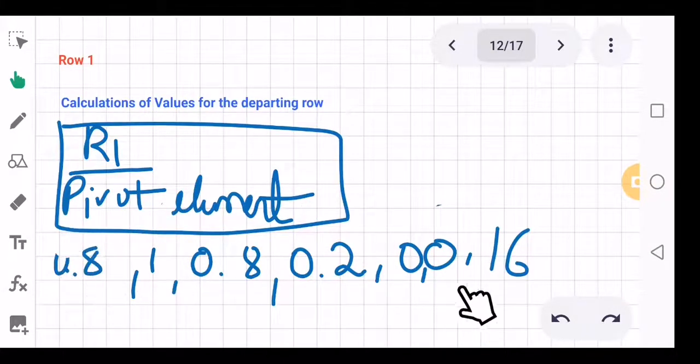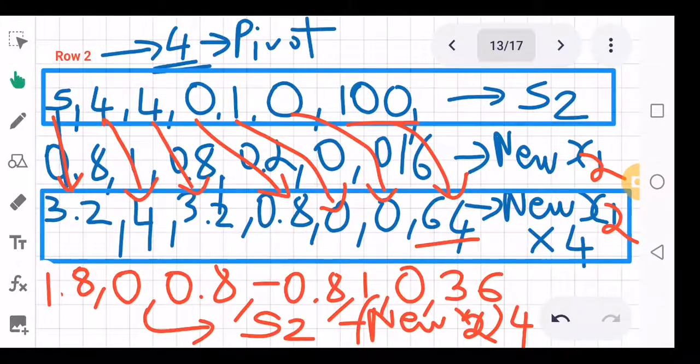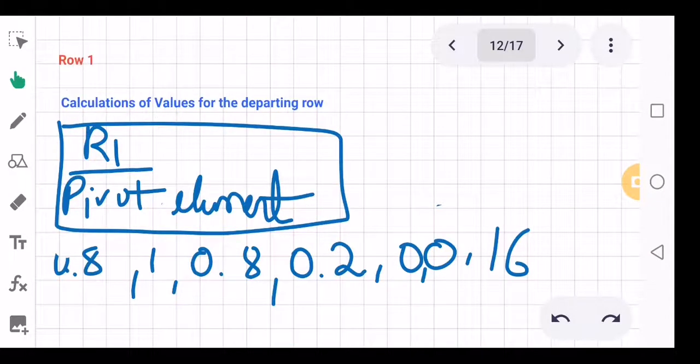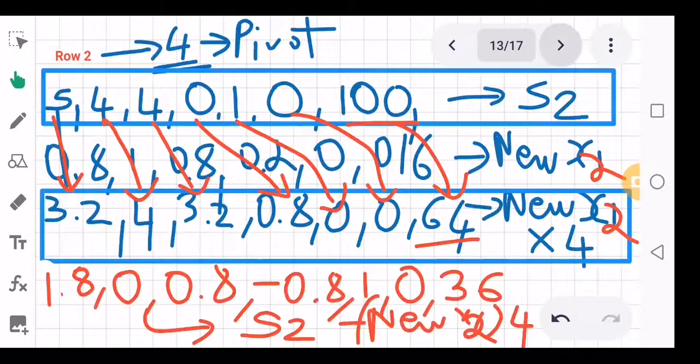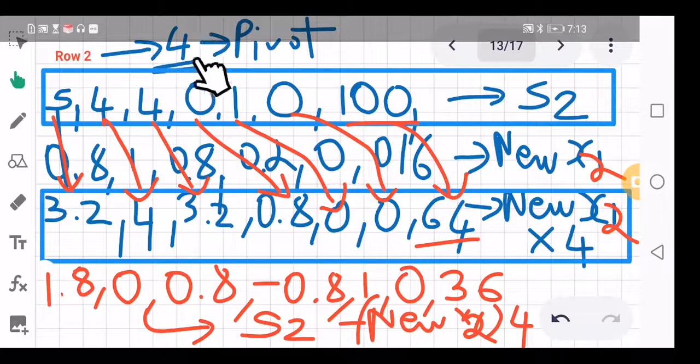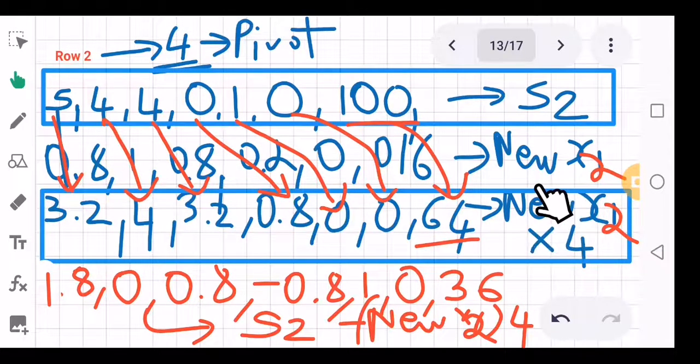All the row 1 elements which we just calculated in the new table, these values we need to write down over here. And these values have to be multiplied by this 4. And when you do that, you get these new calculated values. So what you need to do? We have to subtract these figures minus these figures, and when you do that, you get the row 2 values, which is this. Okay, and that comes in the row 2.